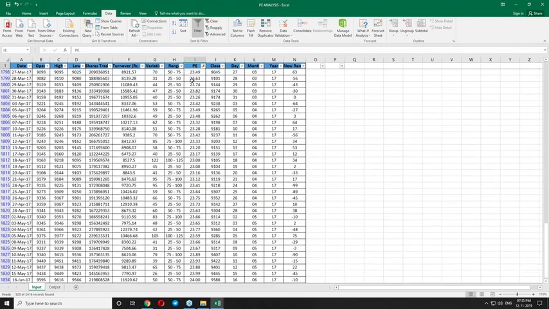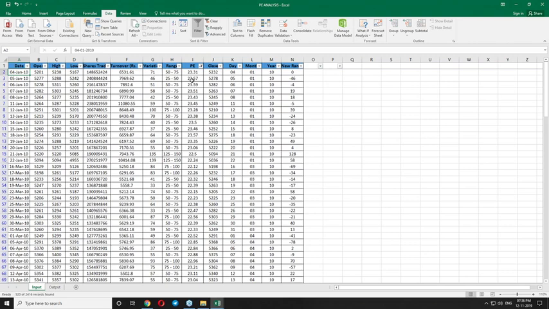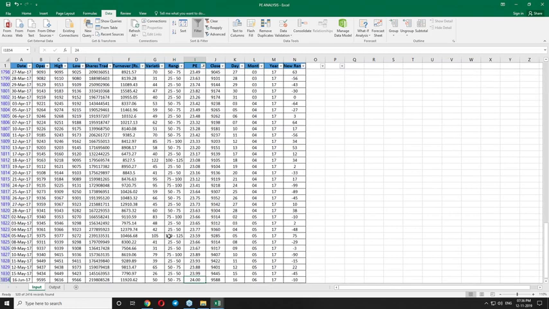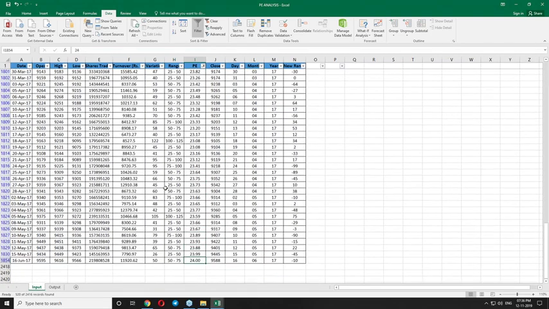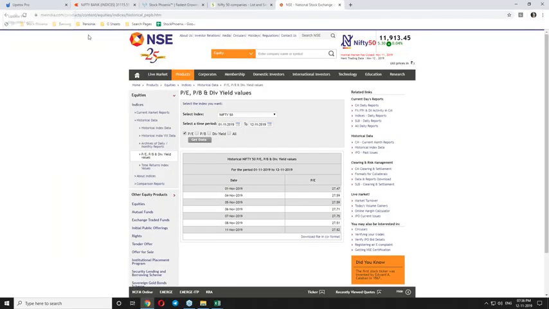Again, let's not go by January 2010, because at that time 16 was low and 23 was high. So let's do the last 10 events where it has given reversals. Now we need a chart.